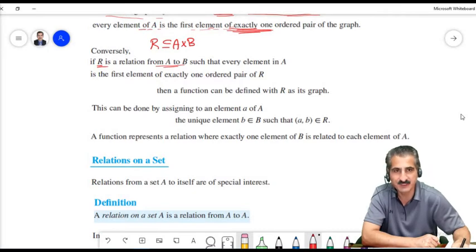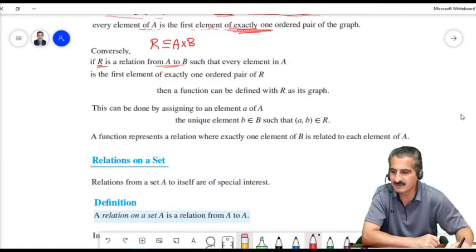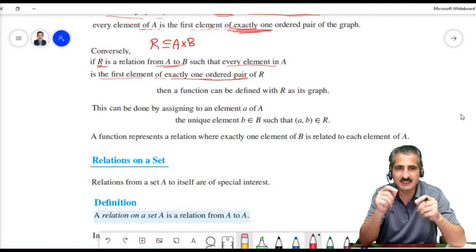The first coordinate is from A, the second coordinate is from B. But what we are saying here: if R is a relation from A to B such that every element in A is the first element of exactly one ordered pair. So every element of A, you will find it as the first coordinate of exactly one ordered pair. We are assuming the relation is defined this way.